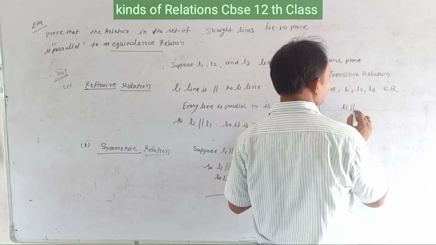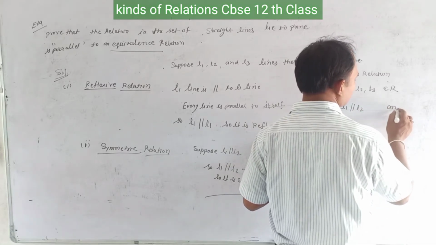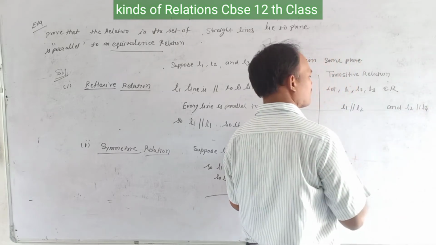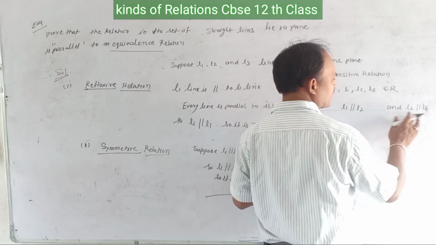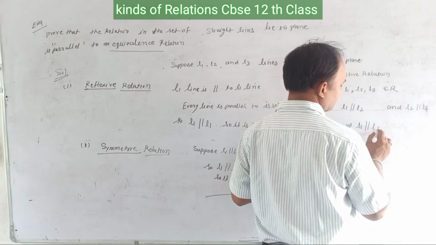L1 is parallel to L2, and L2 is parallel to L3. If L1 is parallel to L2 and L2 is parallel to L3, then L1 is parallel to L3.